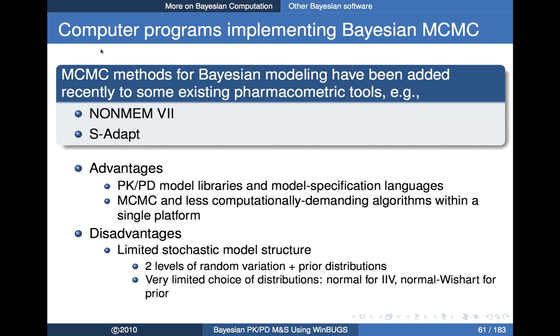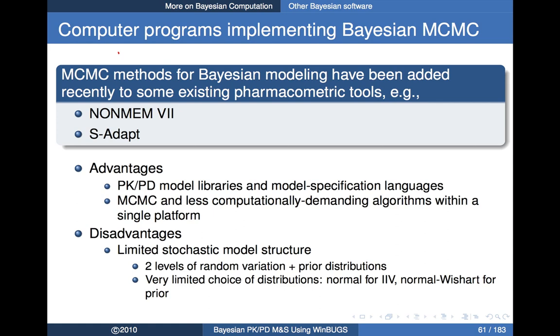One class is that some MCMC methods for Bayesian modeling have been added to what are probably some fairly familiar pharmacometric tools to many of you. In particular, Bayesian methods have been added to NONMEM 7 and S-ADAPT. Actually, it's essentially the same algorithm. It was originally put into S-ADAPT and then brought into NONMEM 7.